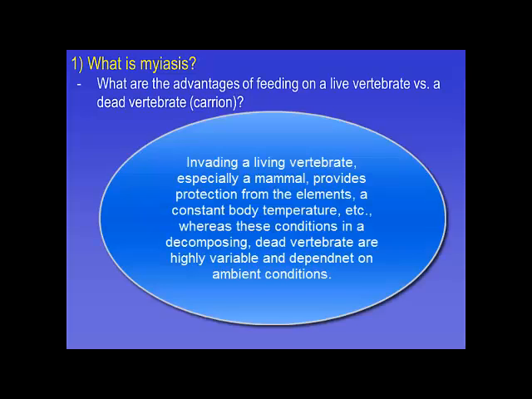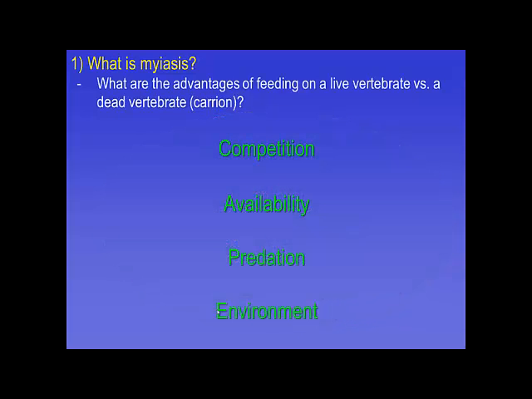So if this is an animal that lives in burrows or lives in barns where it can be protected from rain and extremes in temperature, that parasite is going to be buffered from those extremes in temperatures. And so by providing a more constant environment, this may enhance the development of the dipteran larva.